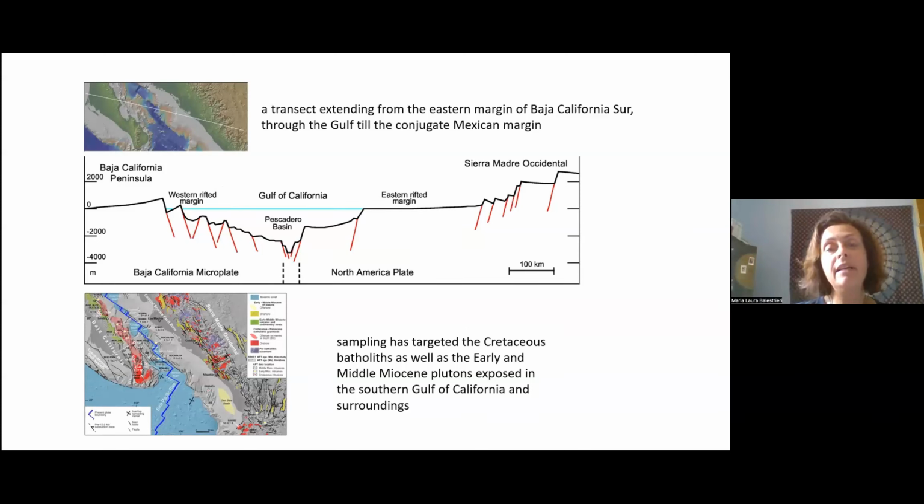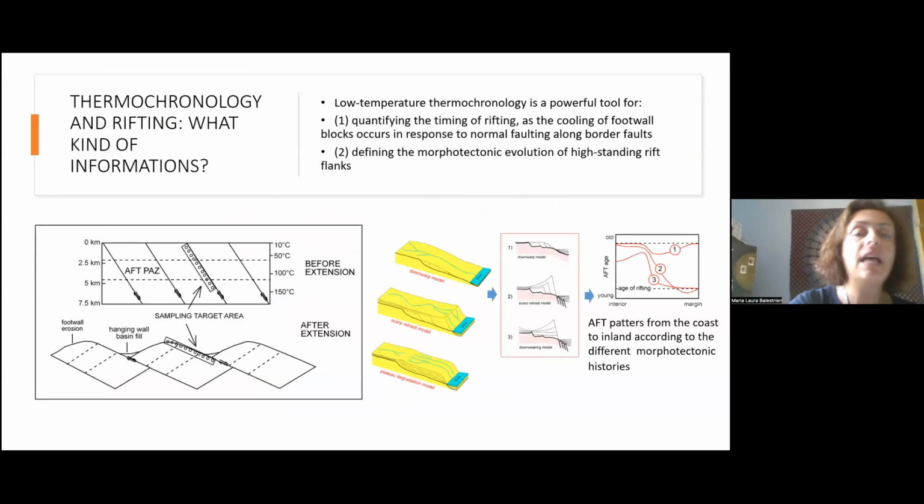The sampling has targeted the Cretaceous batholiths outcropping in Baja California and inside the Gulf, and also the early and middle Miocene plutons exposed in southern Gulf of California and inland Mexico. Most of the samples have already been dated with uranium-lead and argon-argon methods.